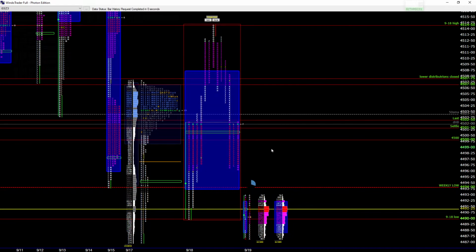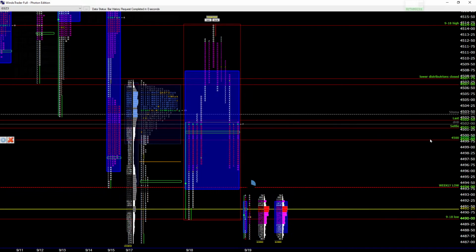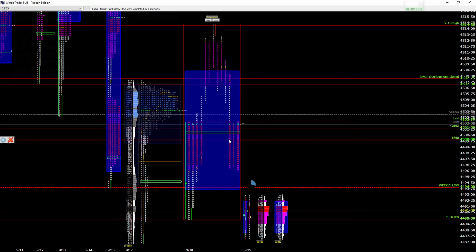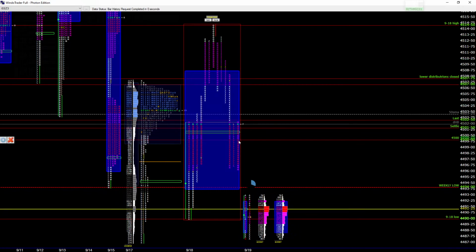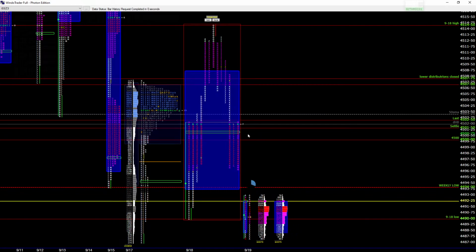I was talking with a friend yesterday. When the market took the 4500, he made a good trade. He sold the market somewhere in this area, I don't know where, and closed when the market took the 4500.